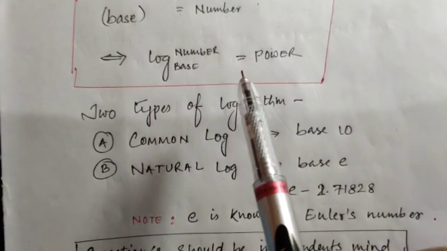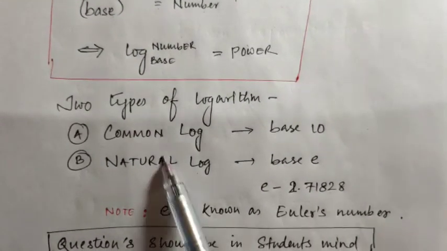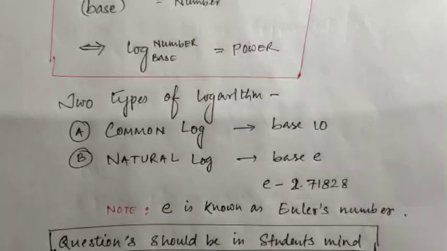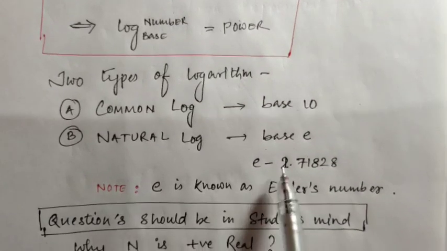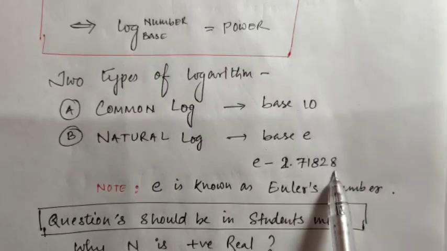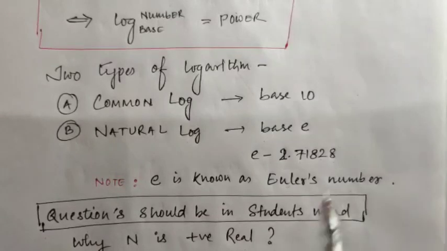Okay, now we have a little idea about logarithm. Now we have two types of logarithm. One is called common logarithm whose base is 10, and another one is called natural logarithm whose base is e. You can see here base 10 and base e, where e is 2.71828. Note e is also known as Euler's number. Clear?